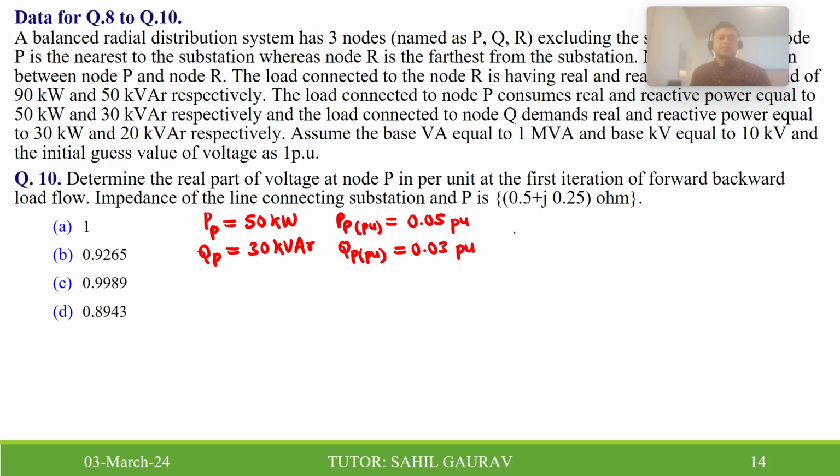Now we can find the load current at node P. So IP is PP per unit minus J QP per unit upon VP conjugate per unit. So it will become 0.05 minus J 0.03 per unit. So this is the load current at node P.